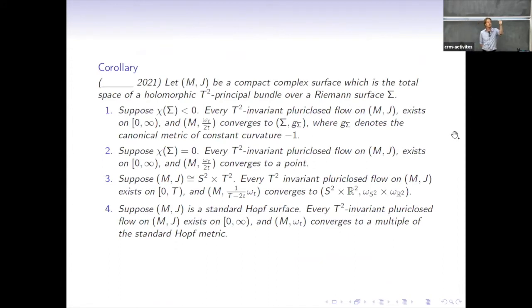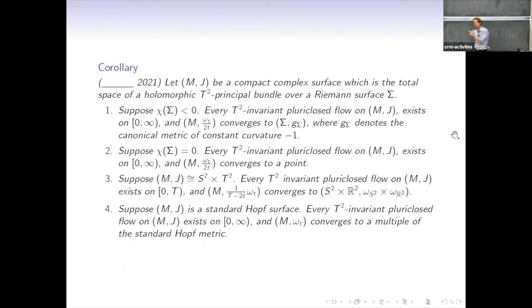Case 1 is the higher dimension one, which is a T2 bundle over a Riemann surface of negative Euler characteristic, and then 0 Euler characteristic, and then case 3 is the complex manifold S2 cross T2, and again here you get a finite time singularity, and the type 1 blow-up converges to S2 cross R2.